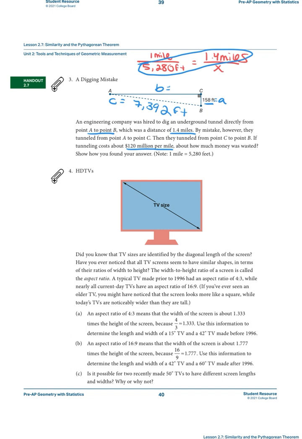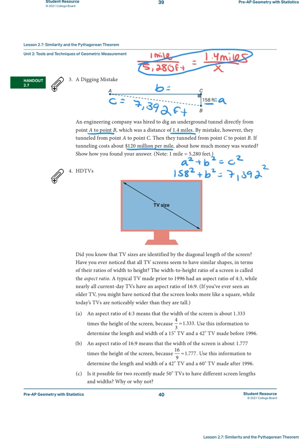Okay, and I'm going to try to find what B is. So I know that the Pythagorean theorem is a squared plus b squared is equal to c squared. My A here was 158, so 158 squared plus b squared is equal to 7,392 squared.